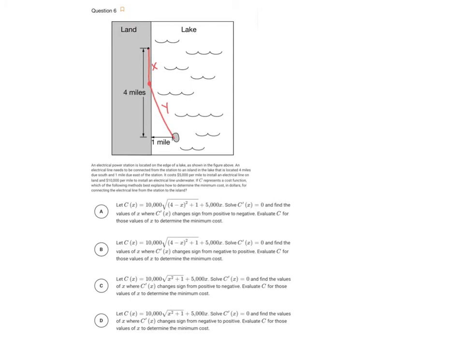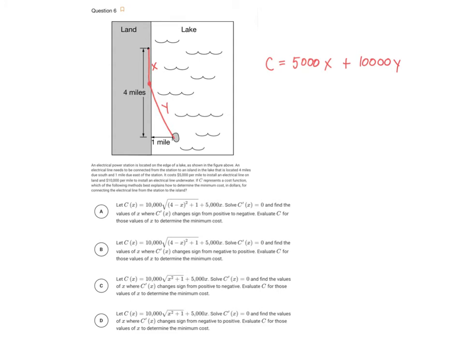Okay, so the cost we know is 5,000x plus 10,000y. But we want to get this all in terms of x, like all the answer choices. So that y, we want to find an equation with y and then substitute it in.